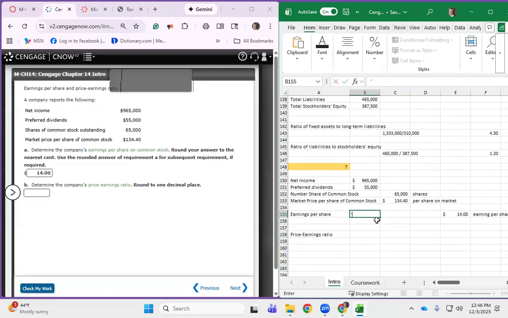We took $965,000 of net income, subtracted our preferred dividends, closed parentheses, and then divided by the 65,000 shares. That's the shares there. These are dollars. I will go ahead and put dollars there because it does help to know that.